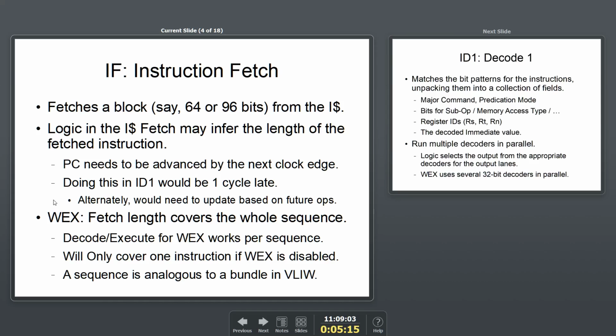A possible workaround for this would be updating the PC based on the following set of instructions.